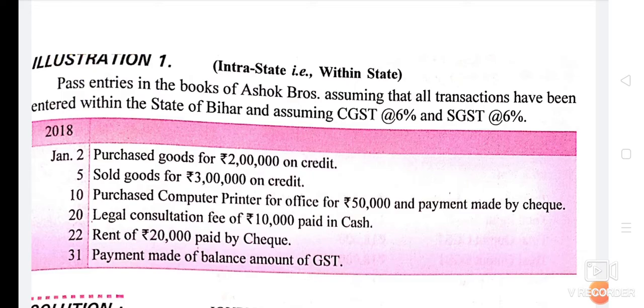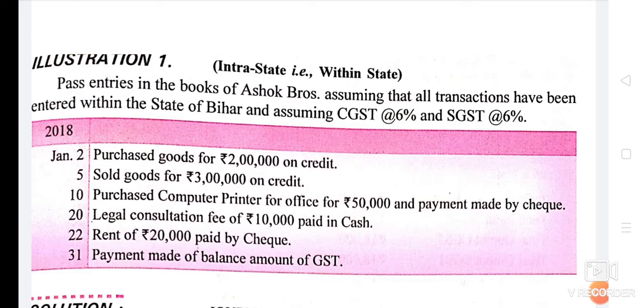This is the example of expense made. 22nd January, rent of rupees 20,000 paid by check. This is again the example of expenses paid. And on 31st January, payment made of balance amount of GST.